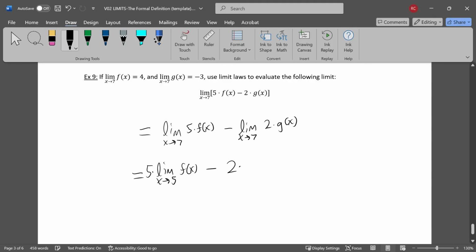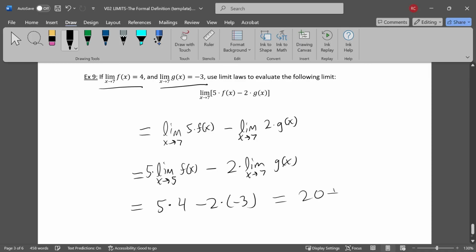And I can move this constant multiple 2 in front of the limit and leave g of x inside. And so this gives me 5 times 4 minus 2 times negative 3, and those values I just got from the statement of the question. So that's 20 plus 6, which is 26.